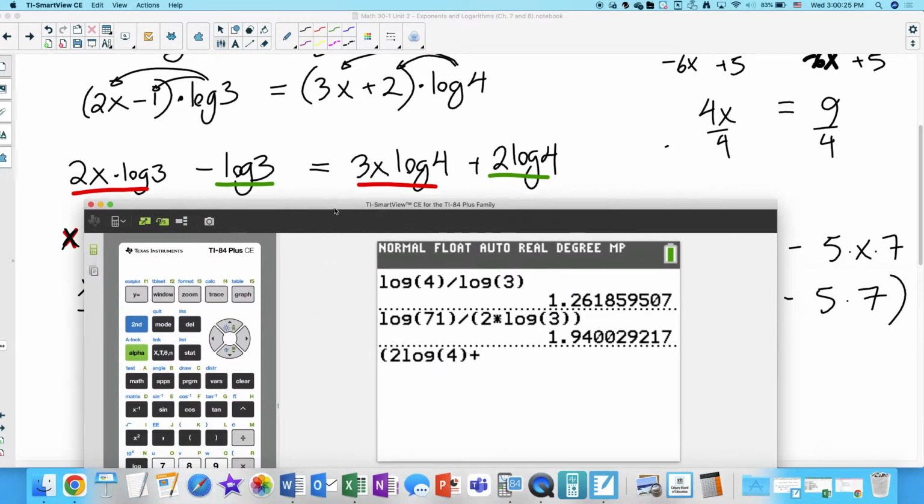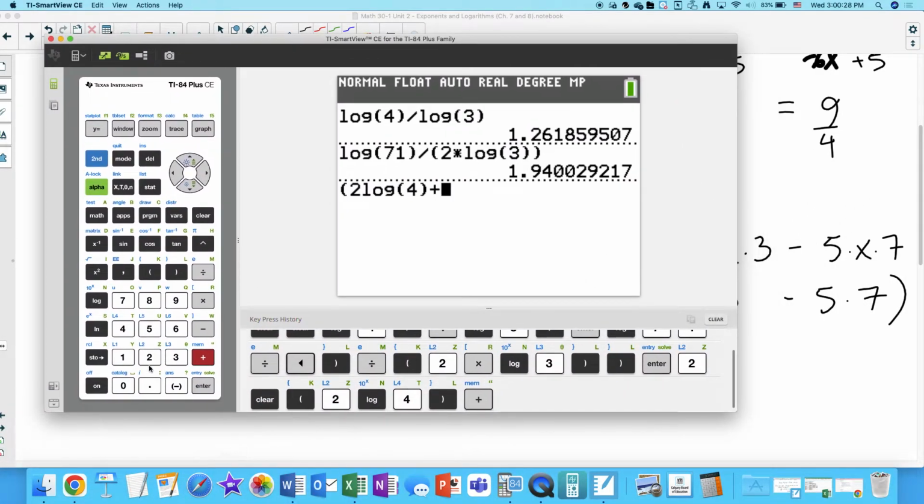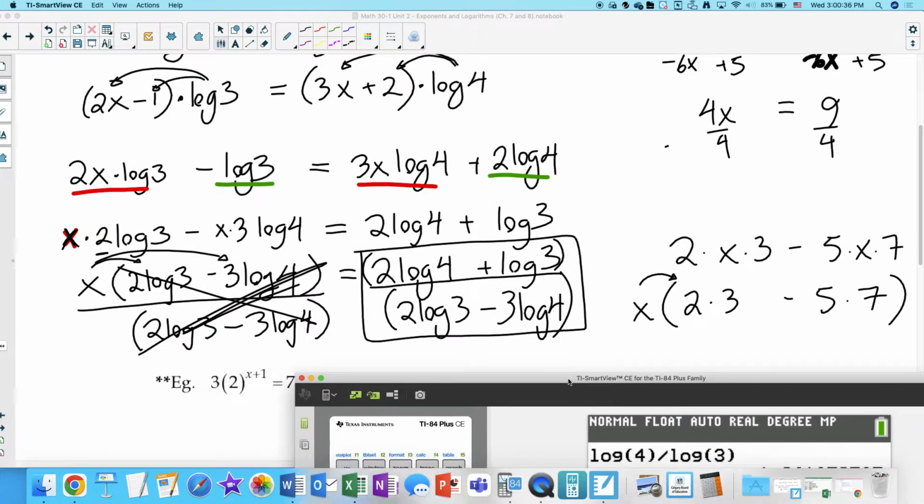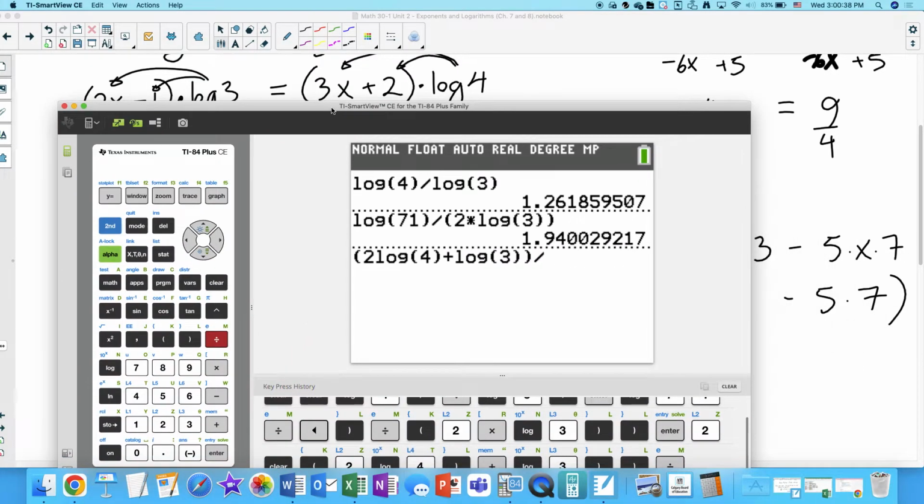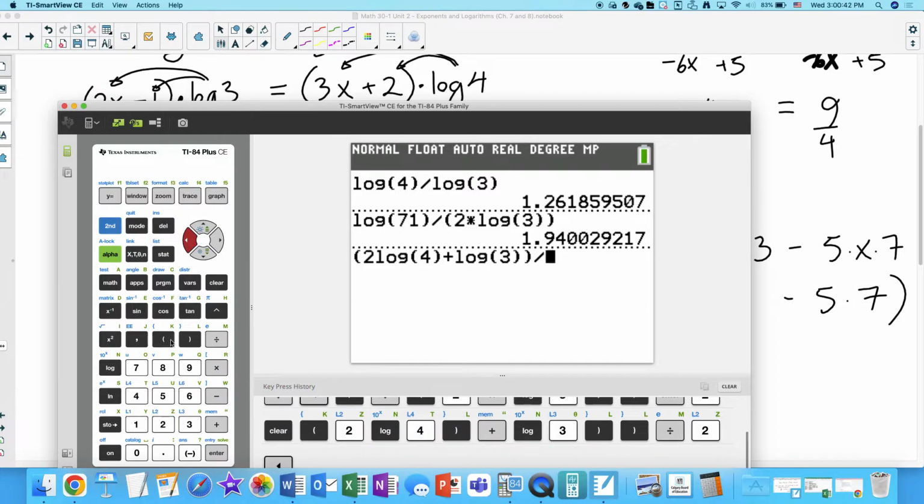Best to have it out in front of you. Divided by 2 log 3 minus 3 log 4. Whoops, bracket. Okay, so that's about negative 1.97.